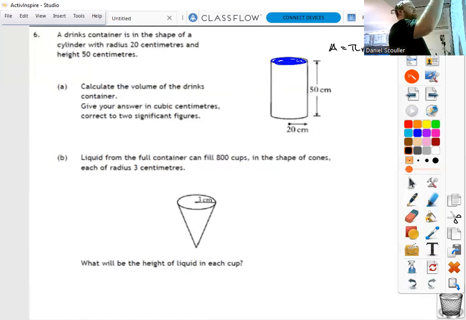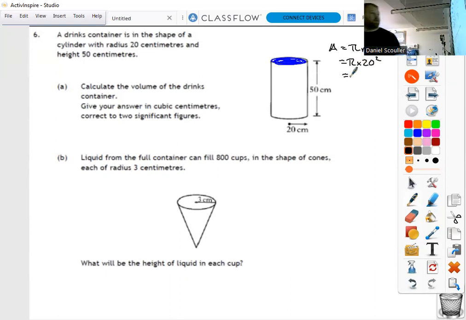Pi r squared. Pi times 20 squared. Pi times 400, which is 1256.64.